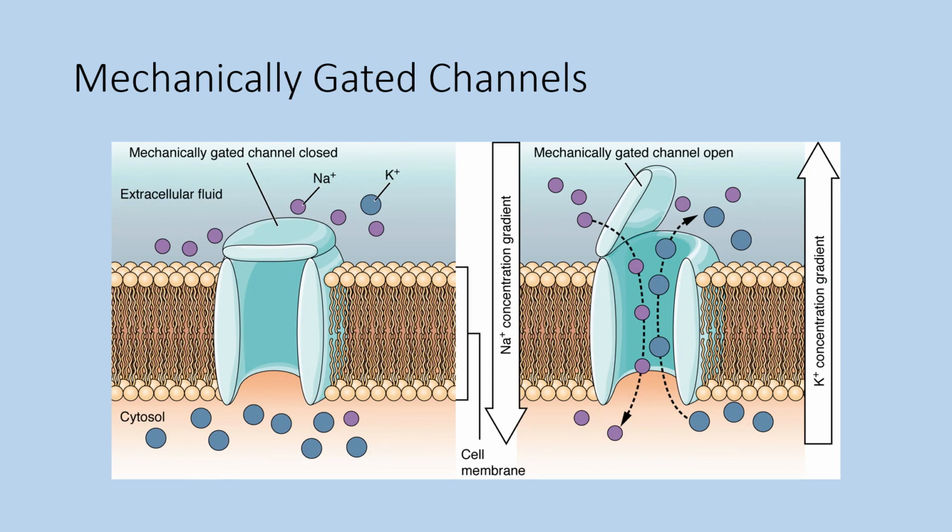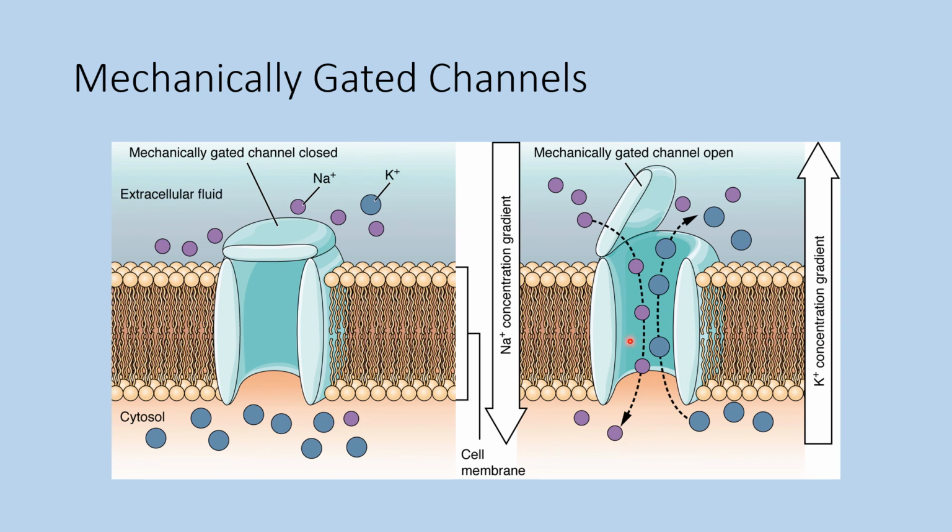Now, some of the gates can be mechanically gated channels. So you have here, it's closed. Notice the difference right here with the cell membrane. This often happens with things like some of your pressure receptors, is how they become activated. There's pressure placed on.